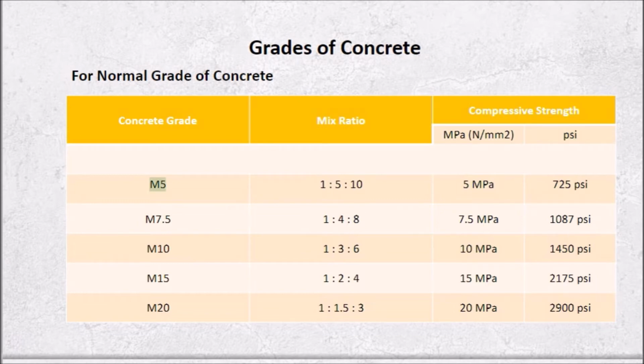M5, 1:5:10, 5 MPa, 725 psi. M7.5, 1:4:8, 7.5 MPa, 1087 psi.